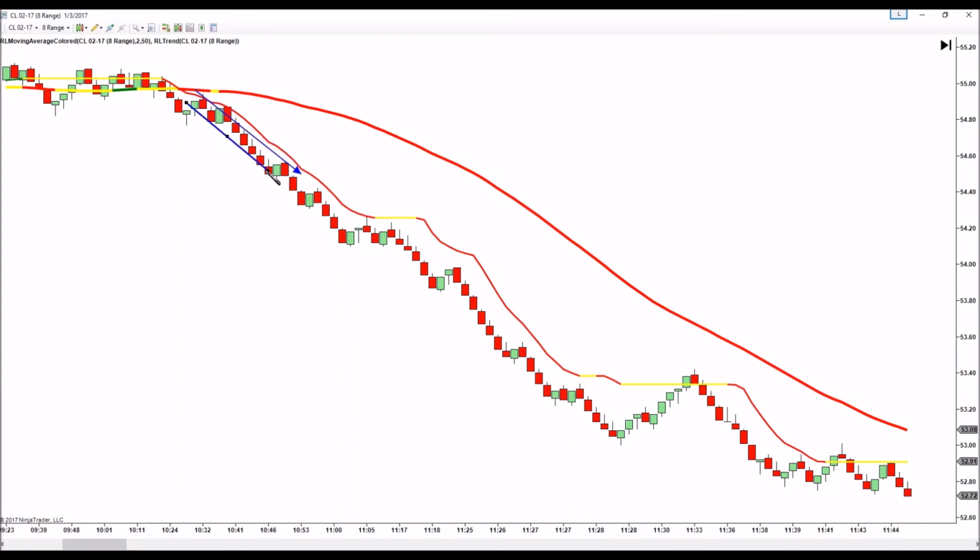Now the other advantage you have when you trade a channel is, I remember this trade, and this trade was an oversold trade. I'm not doing this that accurately. This is 29 ticks, believe it or not.